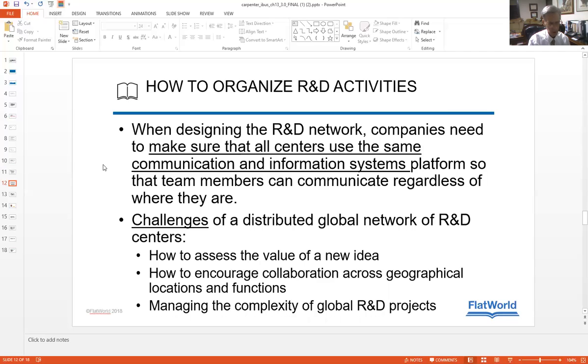And the textbook suggests that a very important requirement is to make sure that research and development units around the world in an international organization use a common communication system so that they can exchange their progress, questions, and challenges in the various projects that are ongoing.